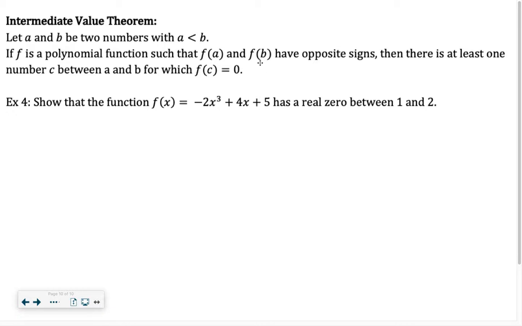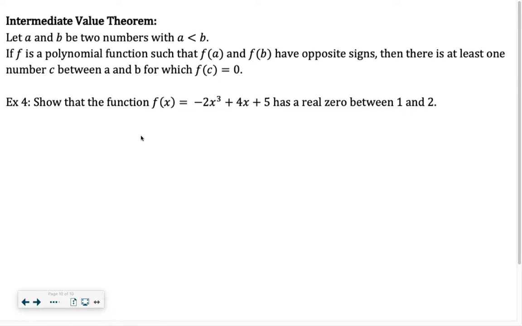If my outputs have opposite signs, that means that the graph has to cross the x-axis somewhere in between them. Right? That means there's at least one number c between a and b such that f of c equals 0. So an example of that idea is, given this function, we want to show that it has a real 0 between 1 and 2.